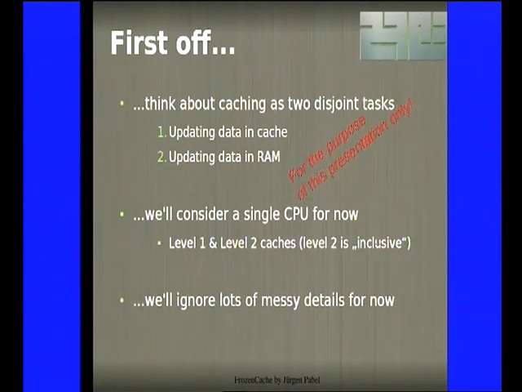And for the purpose of this talk, it's easiest if you think about it as two different tasks that the cache does. Also, we're going to just focus on a single CPU system for now, more precisely a system that only has a single CPU, so no hyper-threading or anything. And I'll get into the details of what that means with multi-CPU systems at the end.